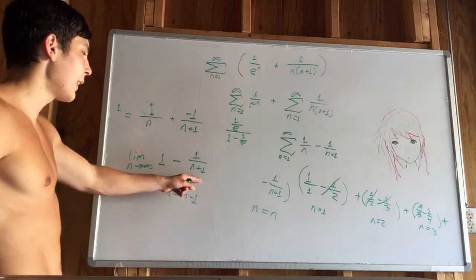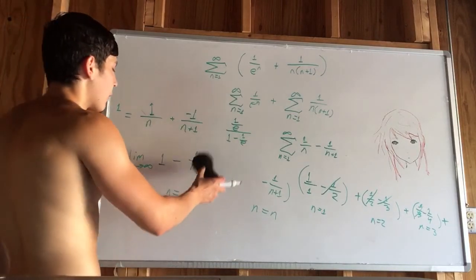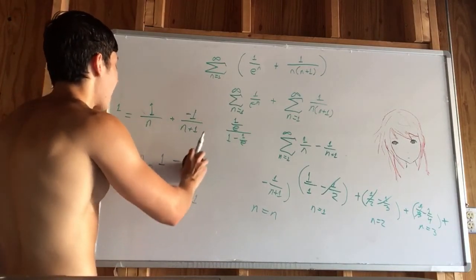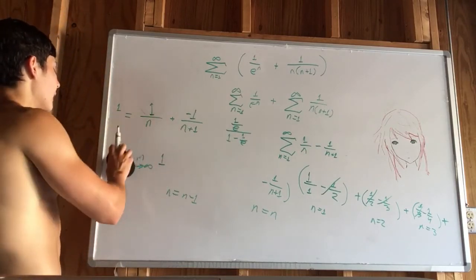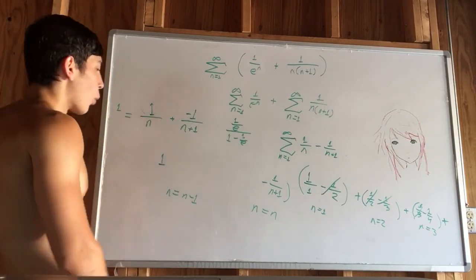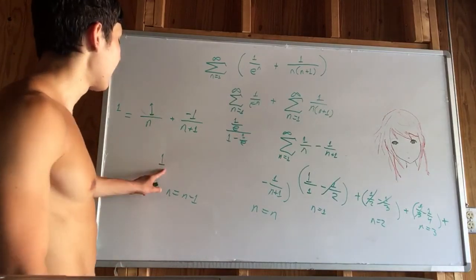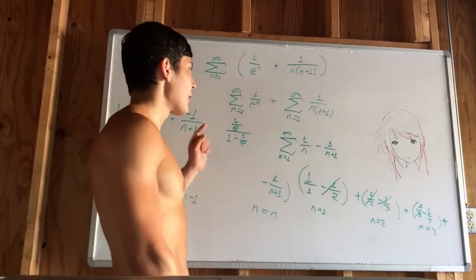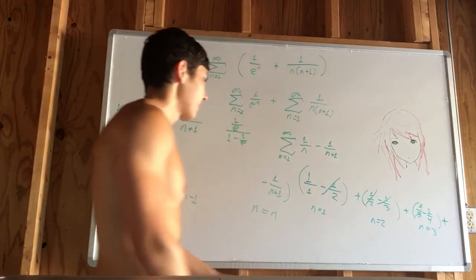We're going to plug in infinity here. This goes to 0. We're subtracting 0 because we have 1 over infinity, which is going to 0. Limit as n approaches infinity of 1 is just 1. So 1. All of that to show that this sum, our second sum, this one here, goes to 1.